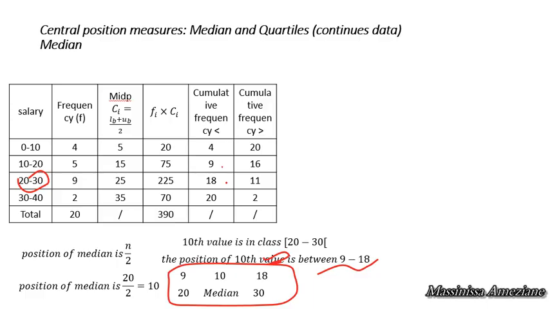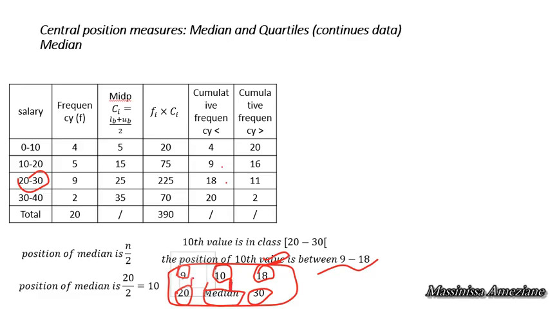So what does this mean? This means that the value of the 9th position is 20. The value of 18th position is 30. Now we know that the median is between 20 and 30. We know that the 10th position, which is between 9 and 18, represents the median.